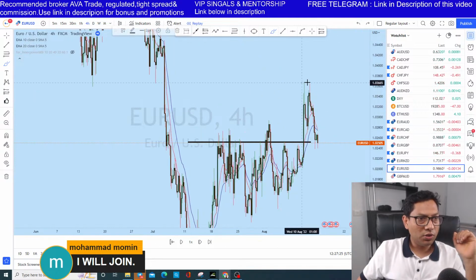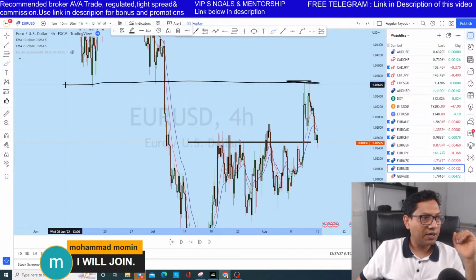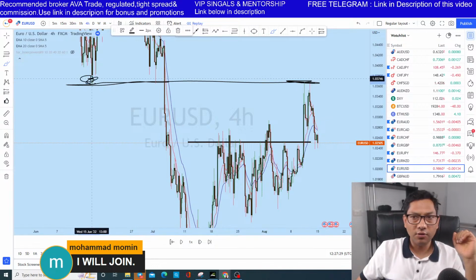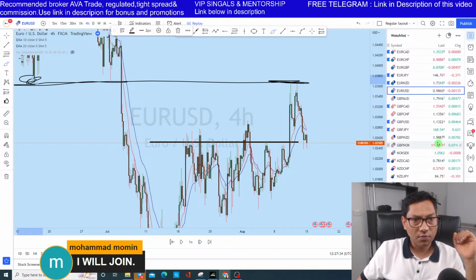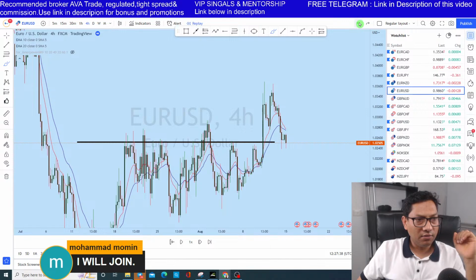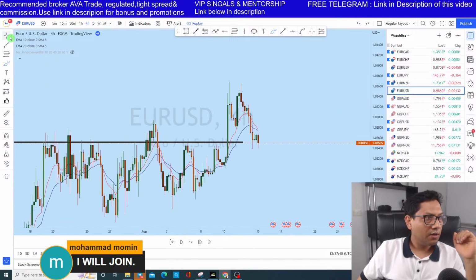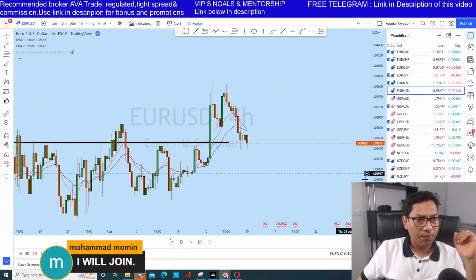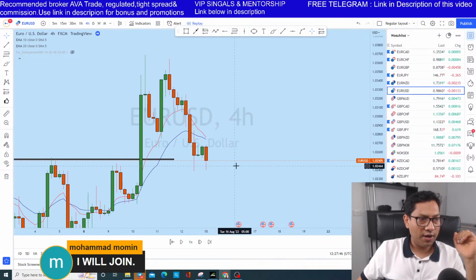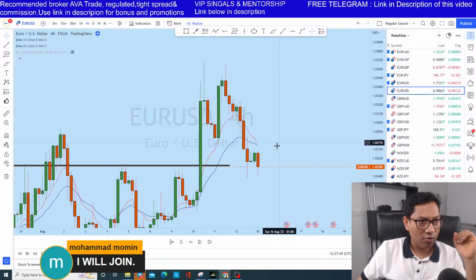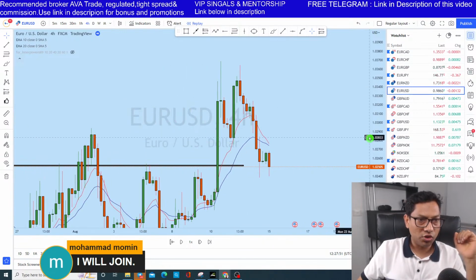The price went to this zone at the top, tested this previous support here, which is acting as a resistance, okay. And then what happened is that the price aggressively broken down, creating a level of false breakout.